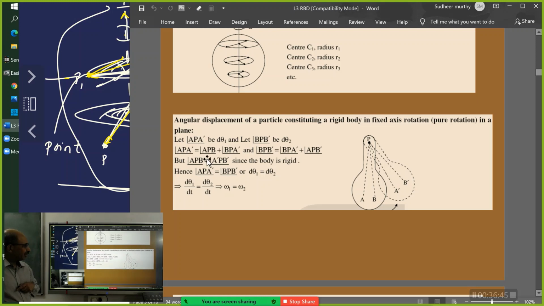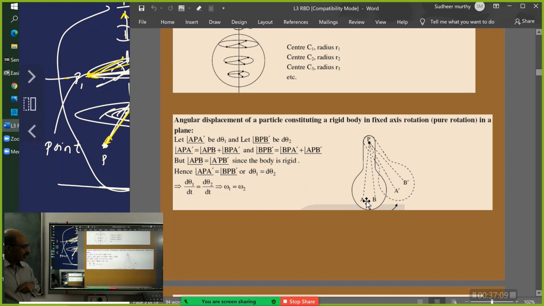So angle A P A dash is equal to angle A P B plus angle B P A dash, and angle B P B dash is equal to angle B P A dash plus this one. But angle APB is equal to angle A dash P B dash, since the body is rigid. Hence d theta 1 is equal to d theta 2.